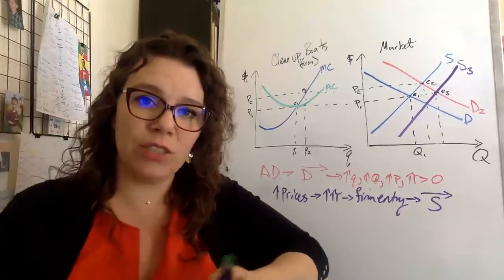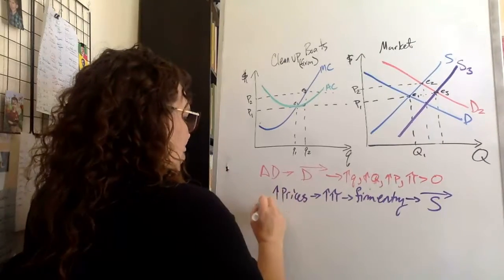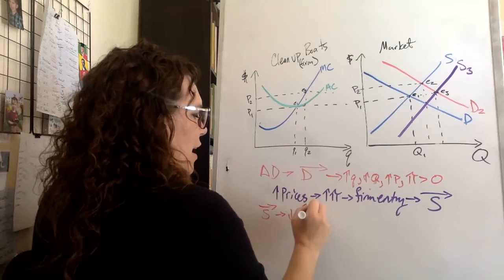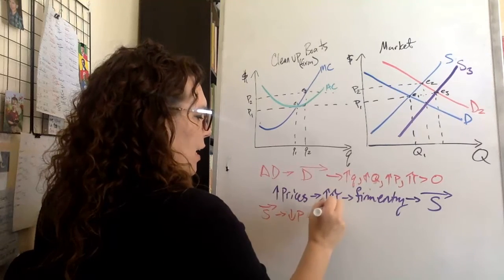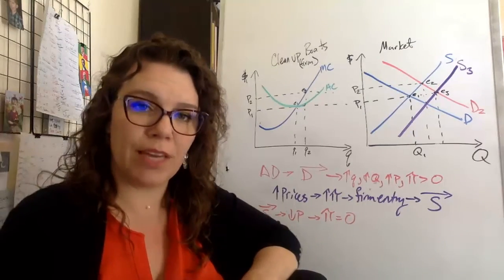That firm entry shifted the supply curve out. That shift out of the supply curve led to lower prices and pushed us to a point where now economic profit is equal to zero and we're in that long run equilibrium again.